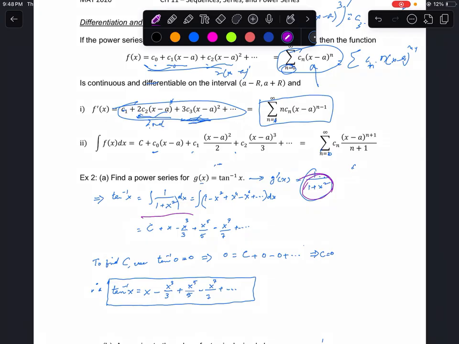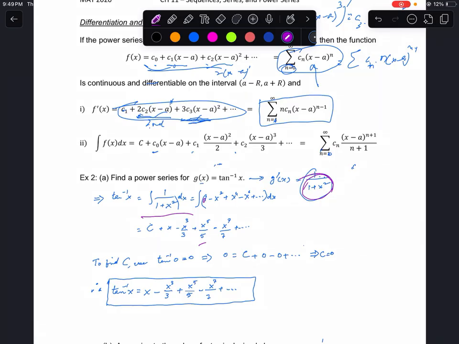So c plus, the 1 will become x, the x squared will become x cubed over 3, so minus x cubed over 3, then plus x to the 4 will become x to the 5 over 5, and x to the 6 will become x to the 7 over 7. So we are getting now odd powers of x.